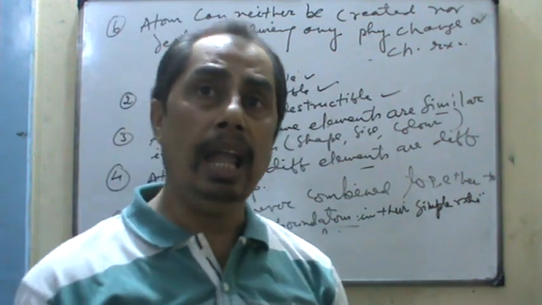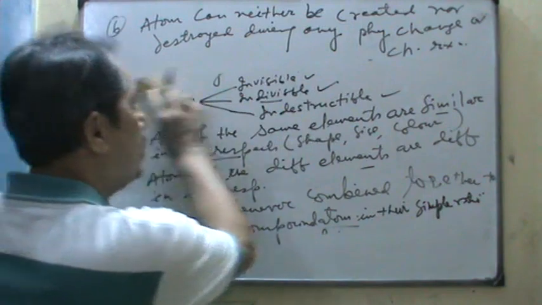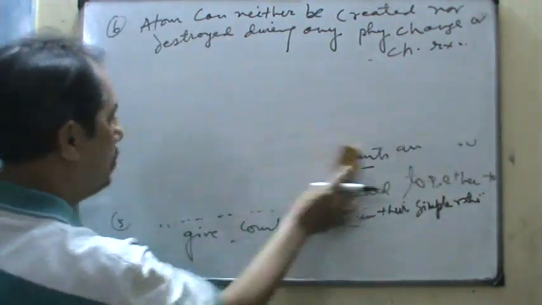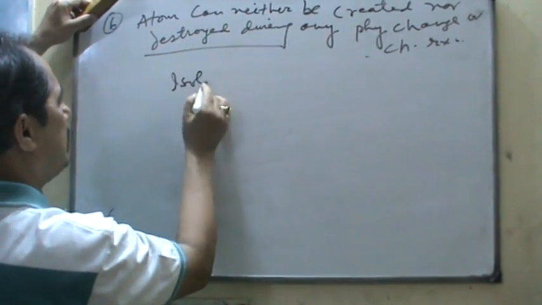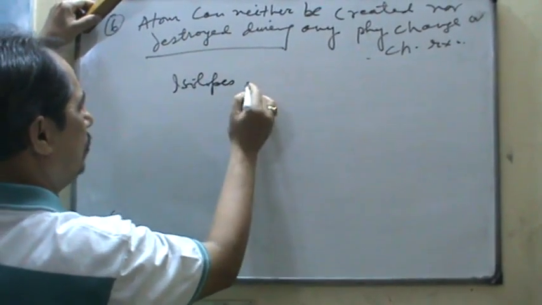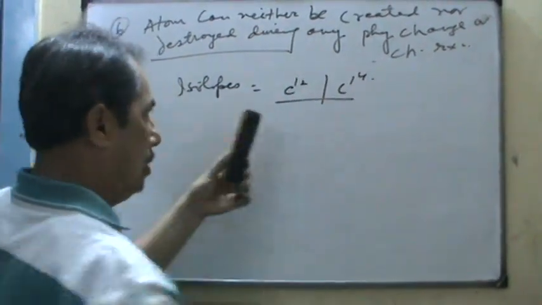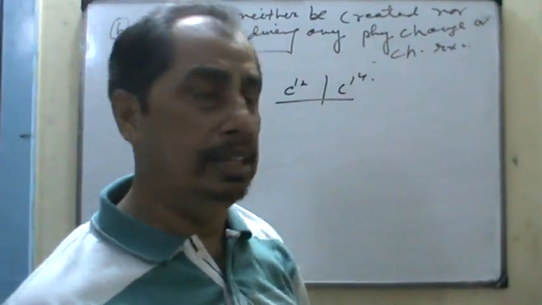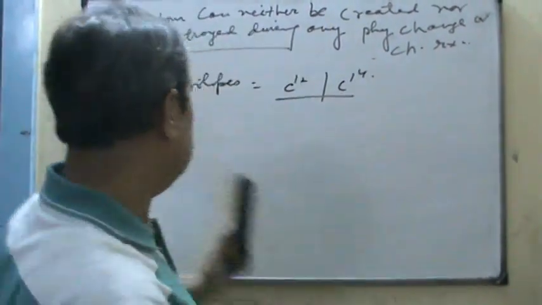Second, atoms of the same elements are similar, but my dear students, in case of the isotopes, atoms of the same elements are not similar. For example, carbon 12 and carbon 14. They differ in their atomic mass. So their property is going to change.